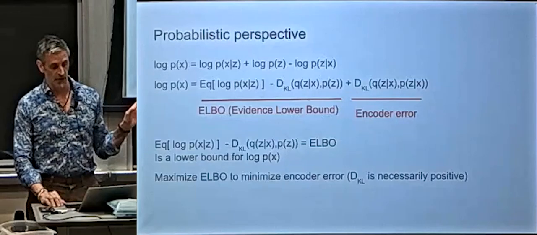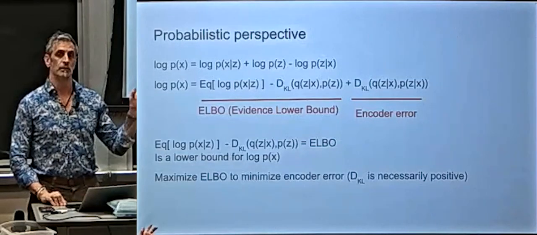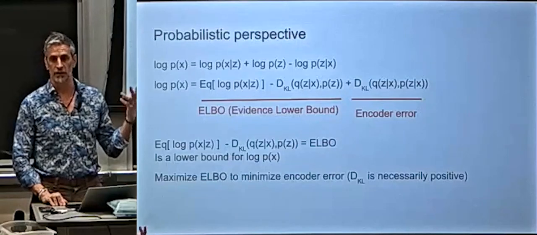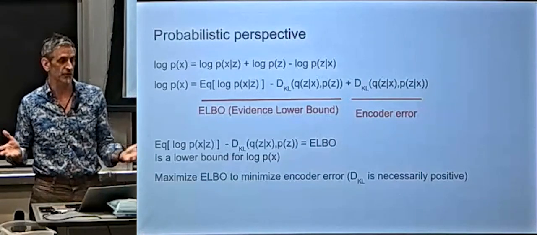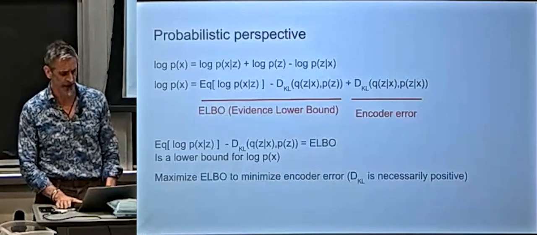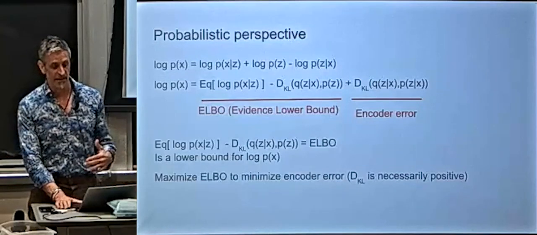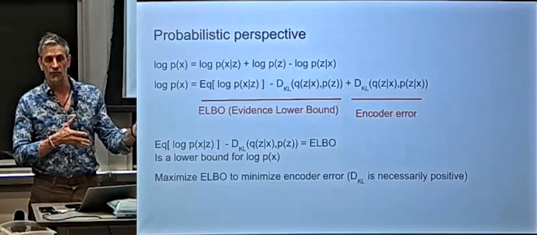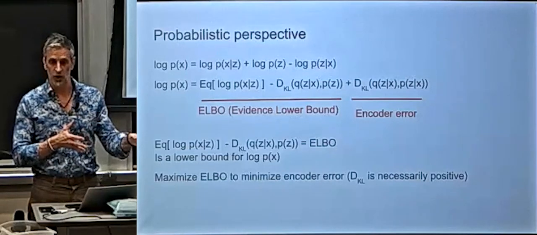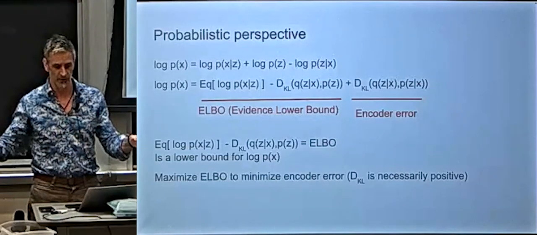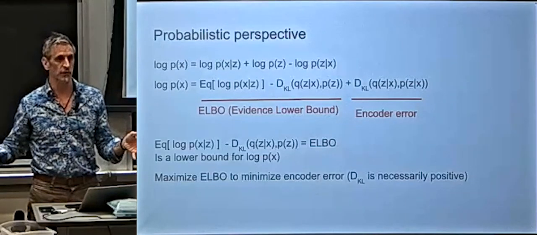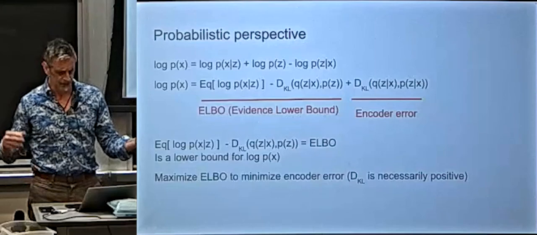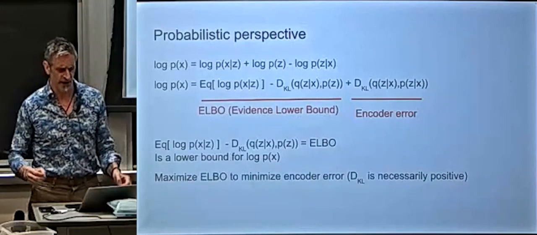The thing on the left, log p of x, we talked about it. We have no way to predict how likely it is to see a car, especially if we've trained only on frogs or something like that. And the thing on the right, the encoder error, that's how far is our encoder from the actual value. Well, if we knew the actual value, we wouldn't need the encoder. So we don't know what's going on the left-hand side. We don't know what's going on the right-hand side.